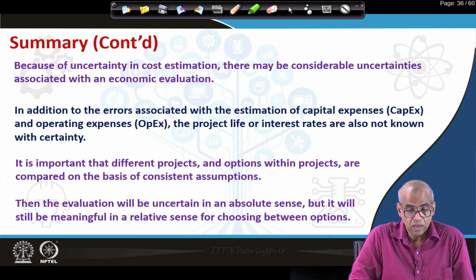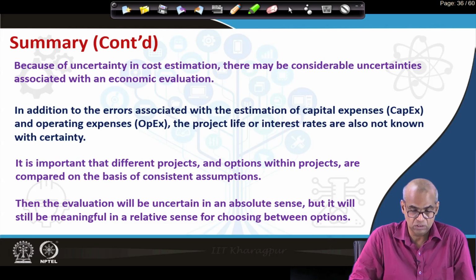That means there is uncertainty not only in the various factors, but also in the project life and interest rate. It is important that different projects and options within projects are compared on the basis of consistent assumptions.